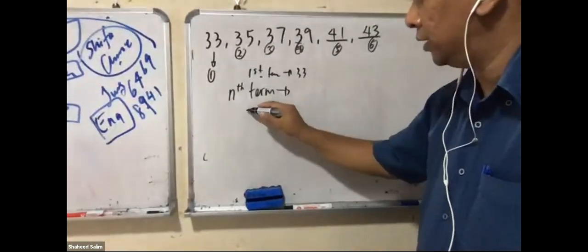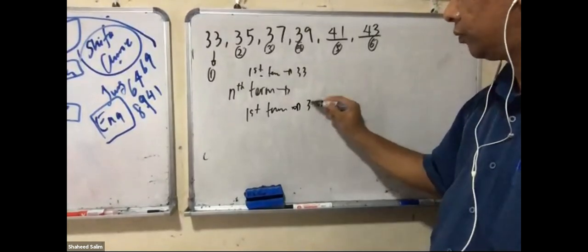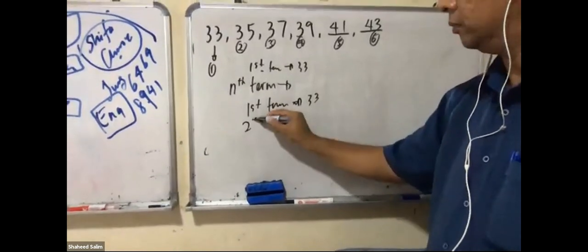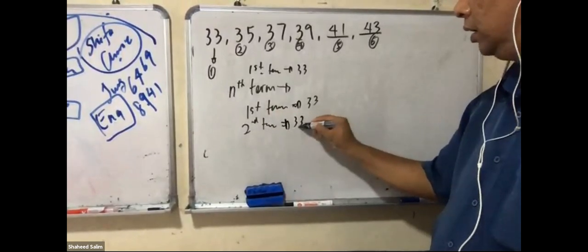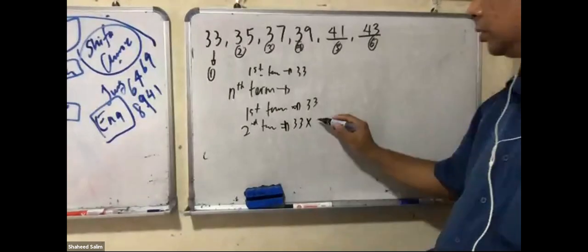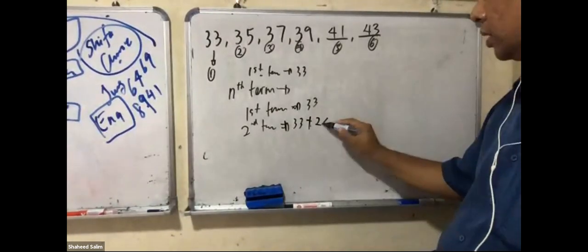All right, so let's see. First term, I write it down. First term is 33. Second term, 33 plus 2 times how many? Times 1.